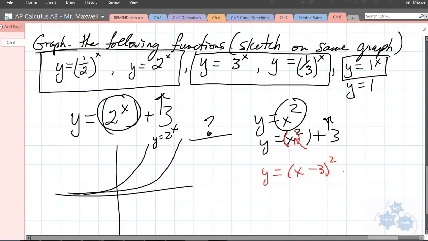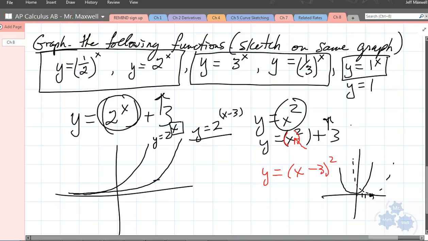This moved the parabola x squared 3 spaces to the right. Right? 1, 2, 3. And so you need to have the change in there with the x. So this is y equals 2 to the power of x minus 3, and that's all in the exponent's spot there. Okay?